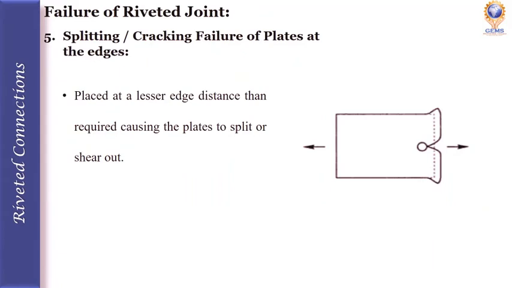Fifth one, splitting or cracking failure of plates at the edges. Rivets may have been placed at a lesser edge distance than required, causing the plates to split or shear out. So if the edge distance is very small, it will cause the plate to split or shear out.